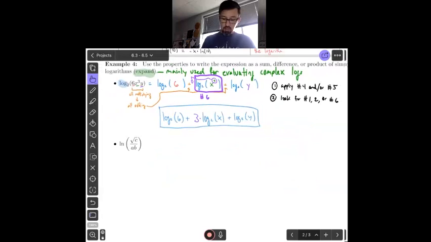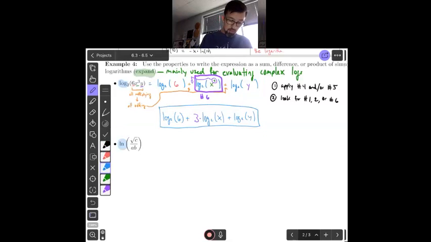So I want to look at this logarithm. I want to see how I can apply property 4 or 5, the product or the quotient rules. First thing I want to do, though, is just identify what the logarithm is. This one's just a natural log. So I'm going to have some series of natural logs. But how many am I going to have? That comes down to how many things are in the parentheses.